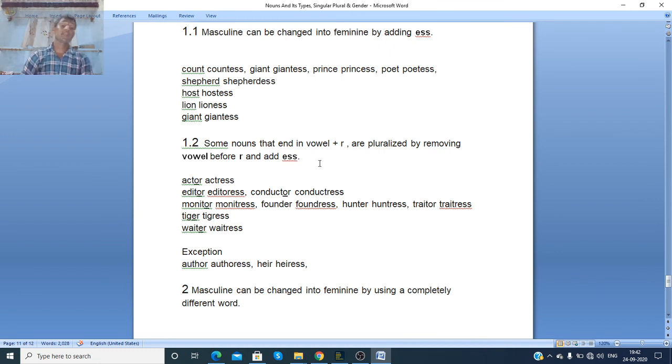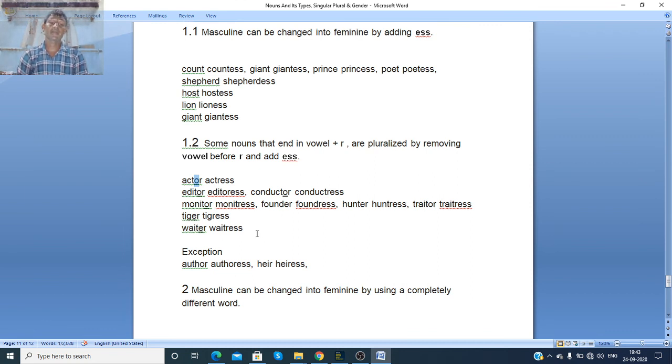And number 1.2 of adding ess: some nouns that end in vowel plus R become feminine by removing the vowel before R and adding ess. Like actor, in A-C-T, then vowel and then R, will become actress. Actor, the O is deleted and then add ess. Editor will become editress.